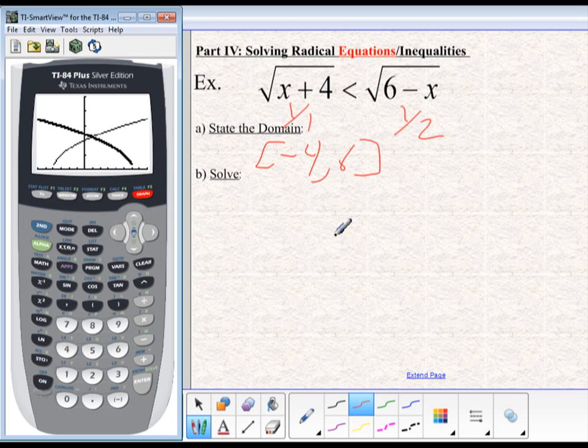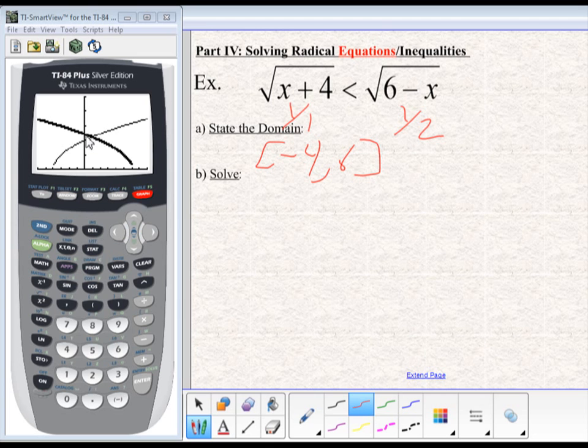And here's the key. The question says, when is y2 bigger than y1? So let's just look at y2 over here. Okay, so here's y2, right? So is y2, let's say right here, bigger or smaller than y1? Well, it's below, so it's smaller, so this doesn't work. Smaller, smaller, smaller, all the way here.